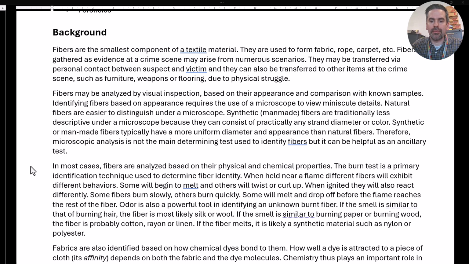Synthetic, man-made fibers are traditionally less descriptive under a microscope because they can consist of practically any strand diameter or color. Synthetic or man-made fibers typically have more uniform diameter and appearance than natural fibers. Therefore, microscope analysis is not the main determining test used to identify fibers, but it can be helpful as an ancillary test.